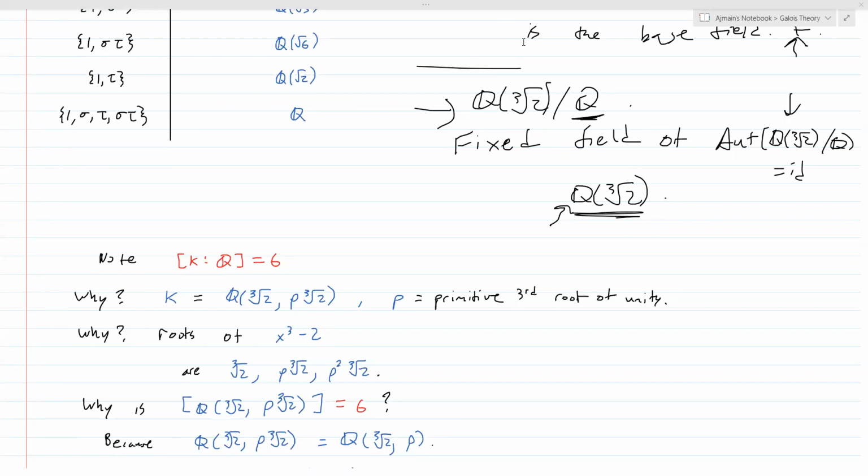Did you say earlier that even if you map roots to roots of the same irreducible factor, you don't always get a valid automorphism? I mean, if you did always get a valid automorphism, that would mean that the Galois group of any irreducible polynomial would be the symmetric group. Wait, no, it would not.